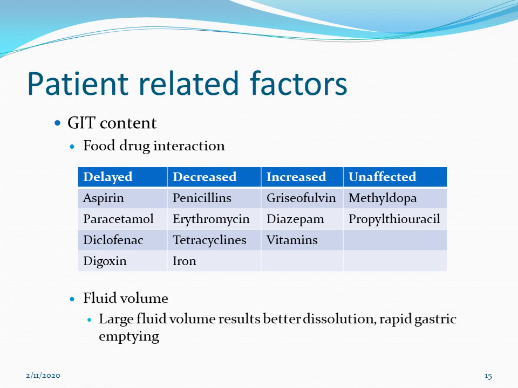The presence of food increases the rate of dissolution of certain drugs like griseofulvin, diazepam and vitamins, and thereby increases the absorption of drug. Fluid volume. Large fluid volume results in better absorption, better dissolution and rapid gastric emptying.